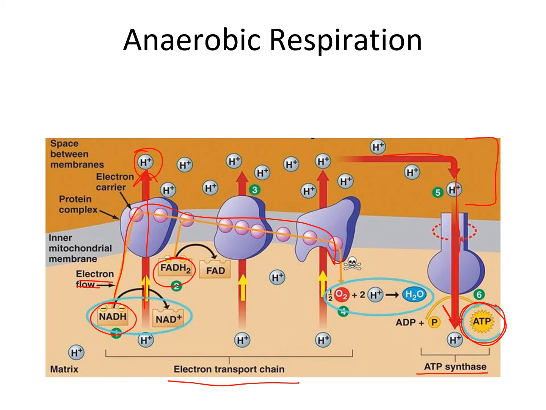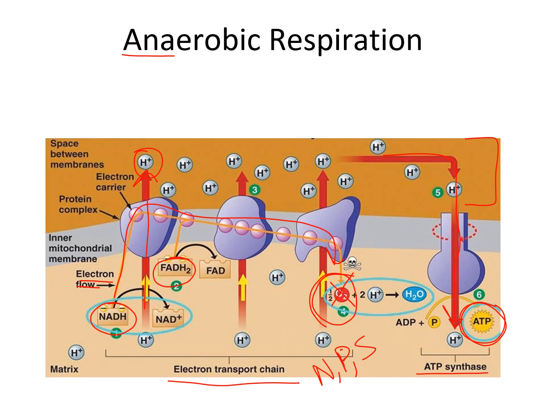The difference comes in the final electron acceptor. Since this is anaerobic respiration, the final electron acceptor is not oxygen. Instead, it is some other inorganic molecule. So that could be a nitrogen molecule, it could be a phosphorus molecule, it could be a sulfur molecule, but it is not oxygen and it is not organic.